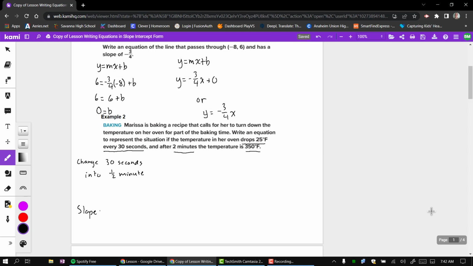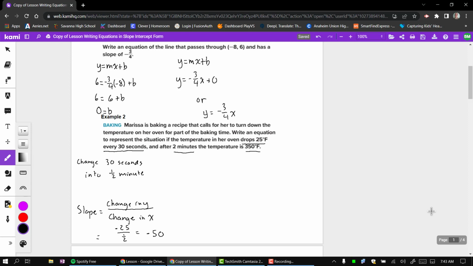So again, the slope is change in y divided by change in x. So our change in y is dropping 25, so minus 25. And our change in x is dropping 1/2. So 25 divided by 1/2 gives me negative 50. So now I found the slope.